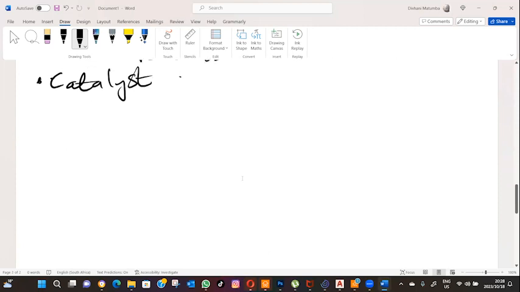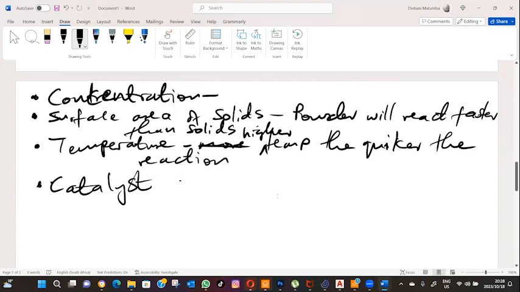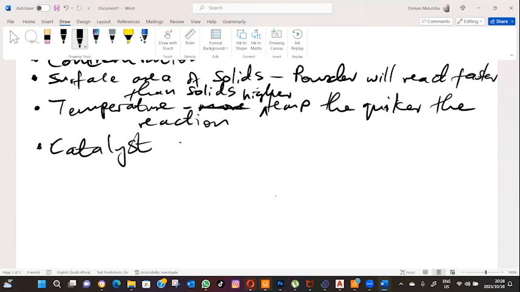Now we're gonna talk about the so-called collision theory.